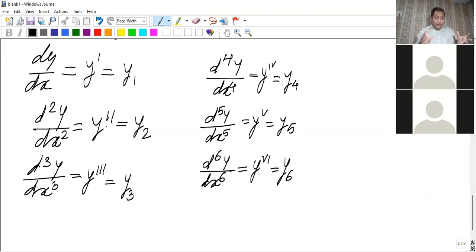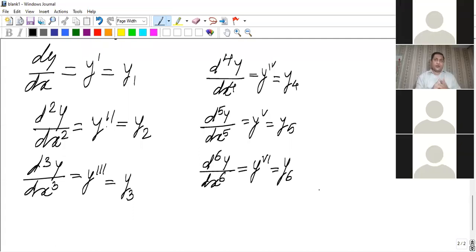If we want to generalize this derivative, we need to observe. So we need to find the first order derivative, the second order derivative, the third order derivative, the fourth order derivative. After finding these derivatives, we need to observe what is happening in each derivative. What happened to the first derivative, what happened to the second, what happened to the third, and what happened to the fourth.